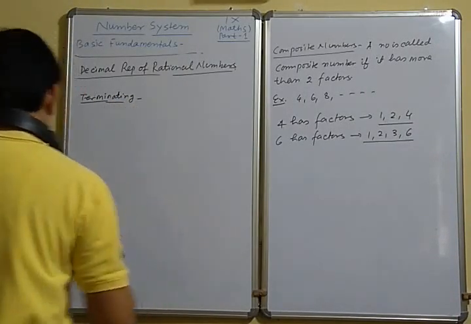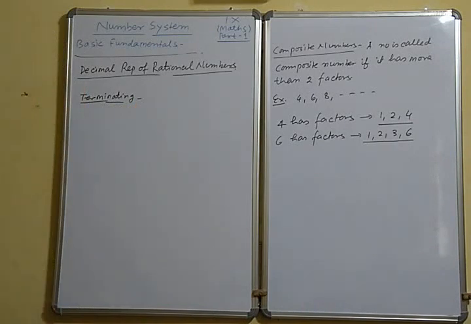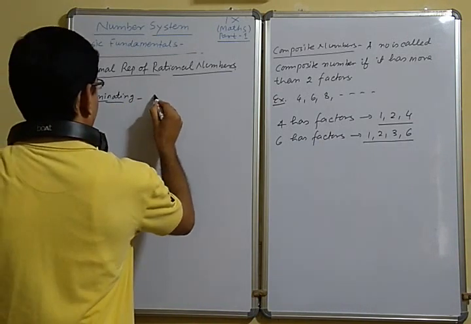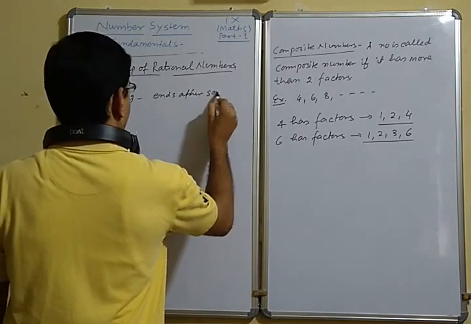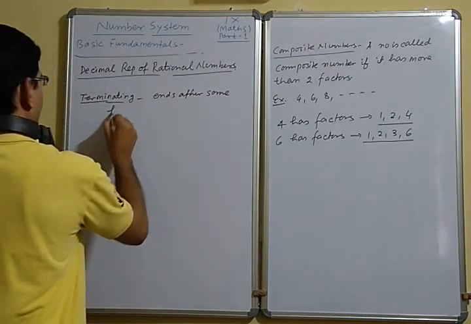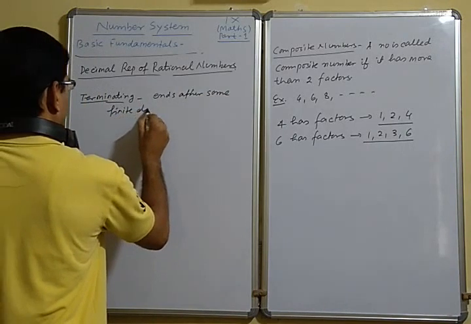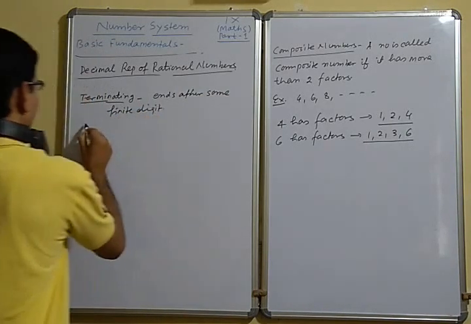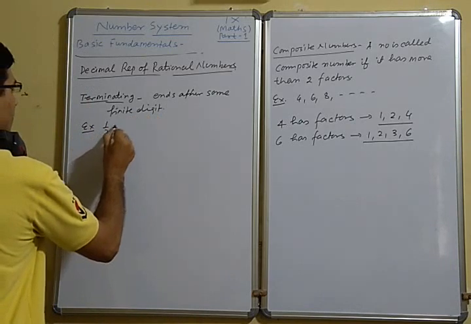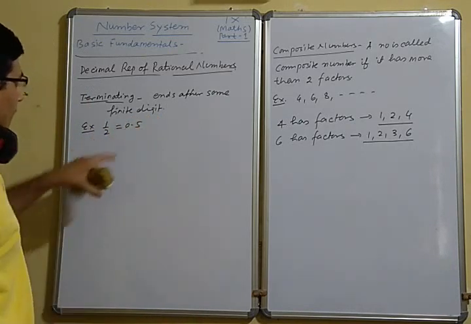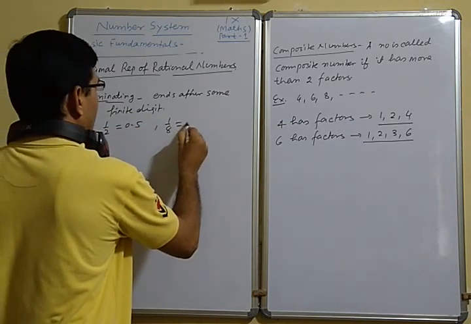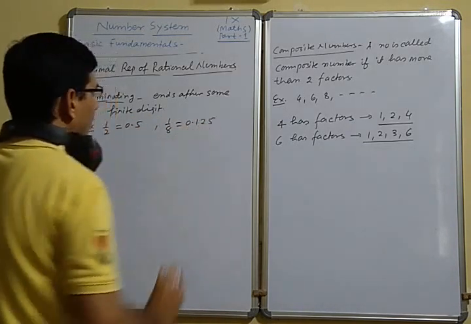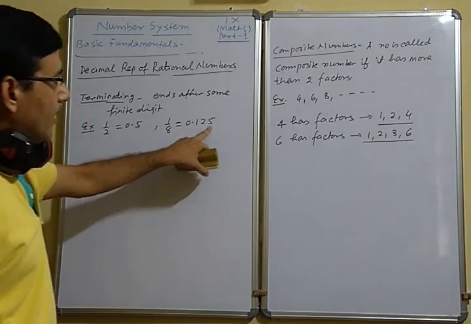That means it ends after some finite digit. For example, 1 by 2, 0.5. It ends after one digit. 1 by 8, that is 0.125. It ends after 3 digits.